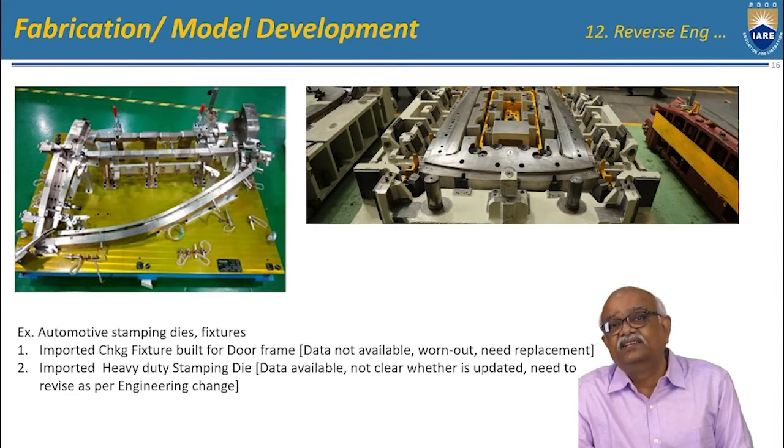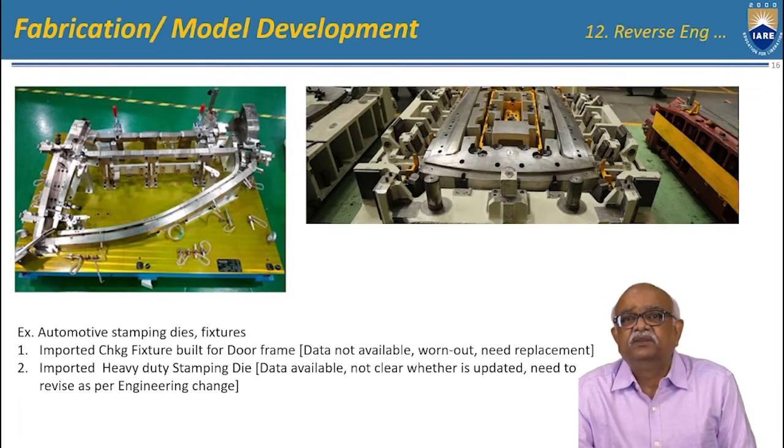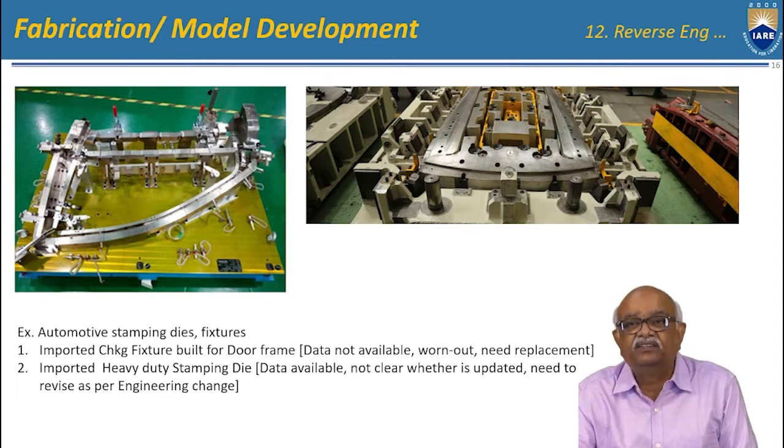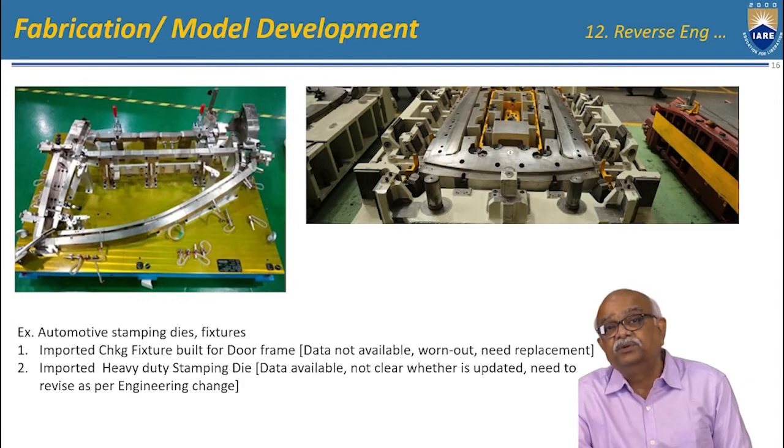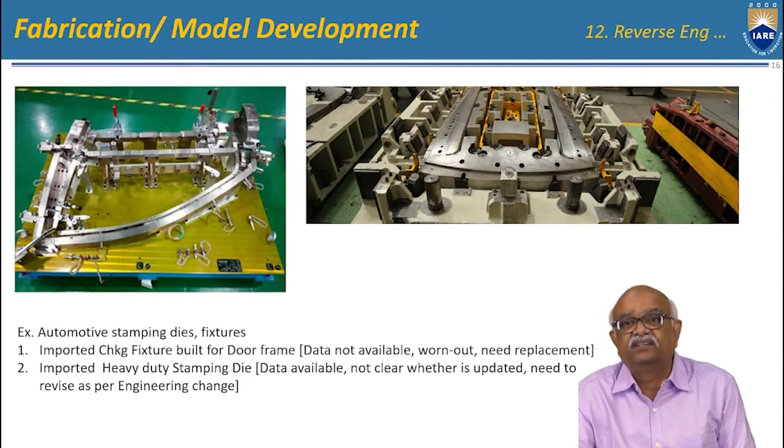When you are checking, the checking fixture gets worn out. And over a period, today if you see cars, every year they are making lakhs. So this gets worn out, and after 1 year if you see the dimensions, it will accept everything. And if you fit it in the car, it will not fit. You will find a lot of rattling or sounds or gaps. So you have to duplicate this fixture.